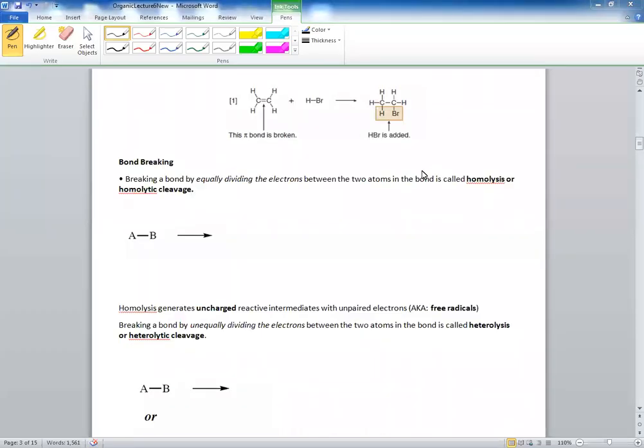There are two processes that are found in organic reactions and mechanisms, and they are bond breaking, sometimes called bond cleavage, and bond making or bond formation. They're equally important because you will see them occurring all the time in your reactions and mechanisms.